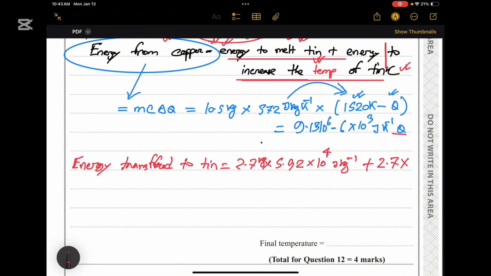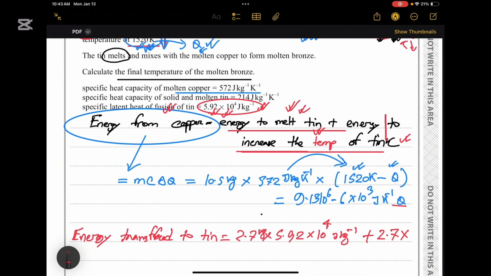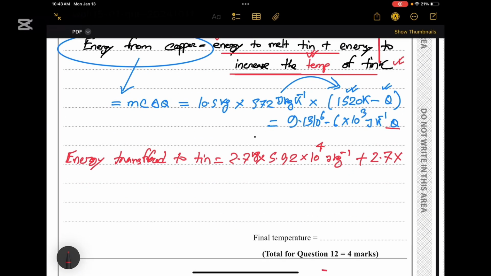2.7 into the c, the specific heat capacity of tin, which is 214, into the change in theta.